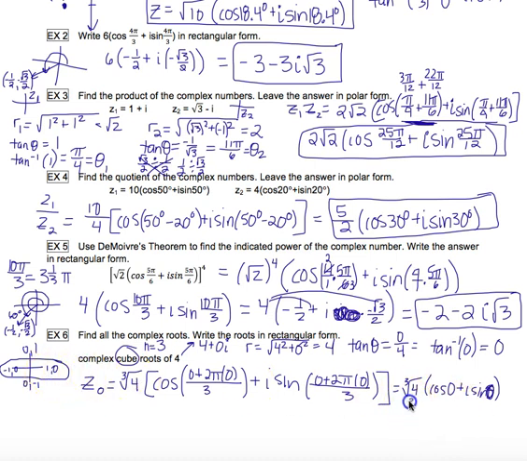So I've got cube root of 4, and then I've got 1 plus I sine of 0. Sine of 0 is 0. So I times 0 is just 0. So that means that my z sub 0 is just going to be cube root of 4, because it's cube root of 4 times 1. And so that's it for that one.